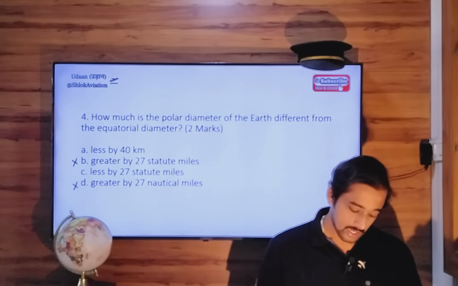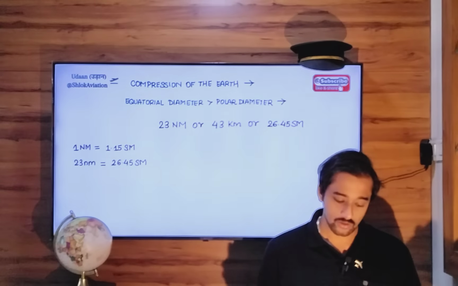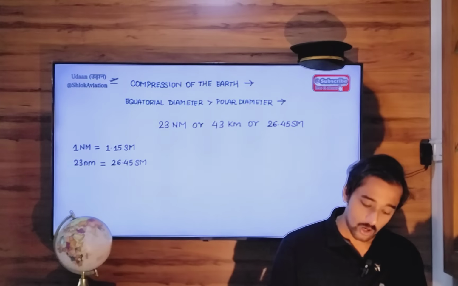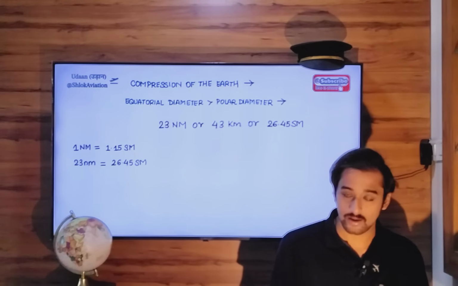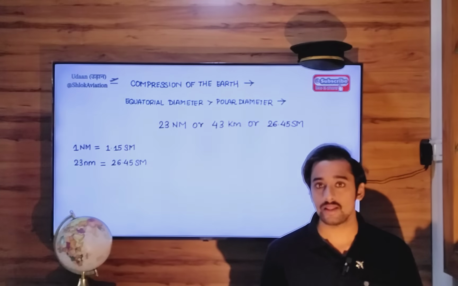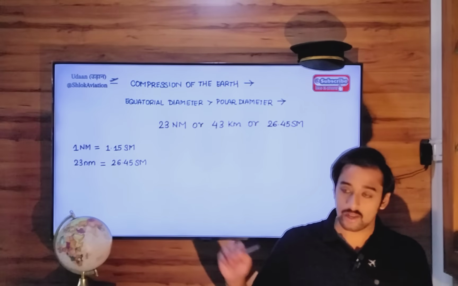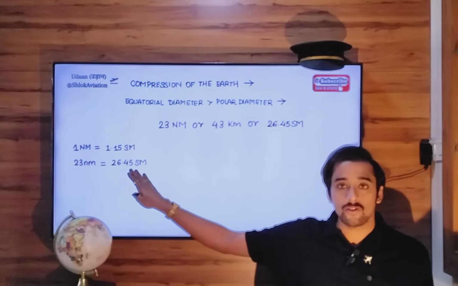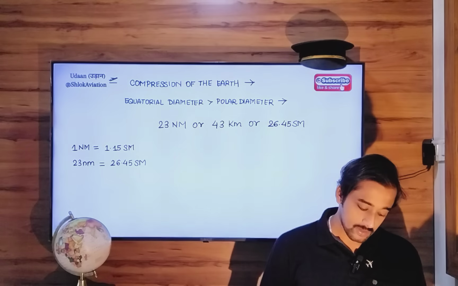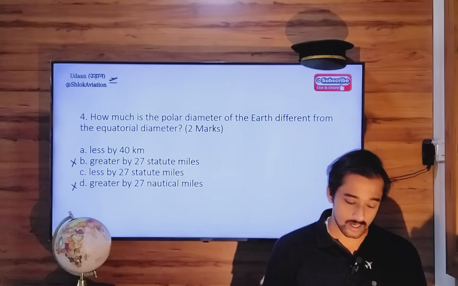Option C is less by 27 statute miles. Option A says 40 kilometers, but the actual number is 43. Option C says 27 statute miles, and the value that we have found is 26.45, approximately 27 statute miles. So it would be safer to select option Charlie.